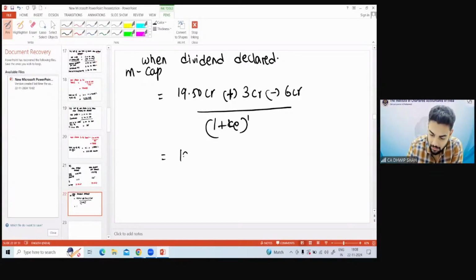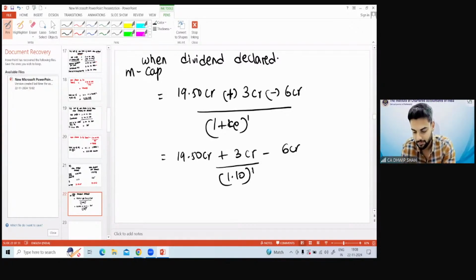So can I say it is nothing but 19.5 CR plus 3 CR minus 6 CR divided by 1.1 raised to 1, which is 15 CR.